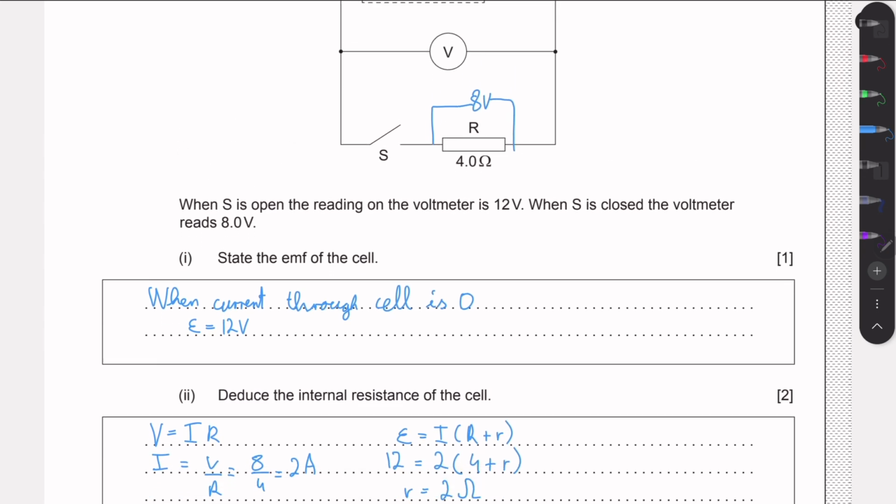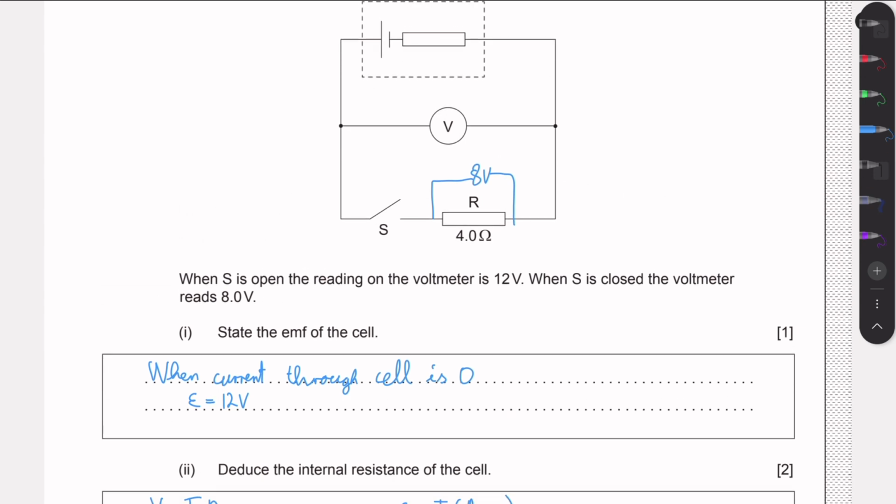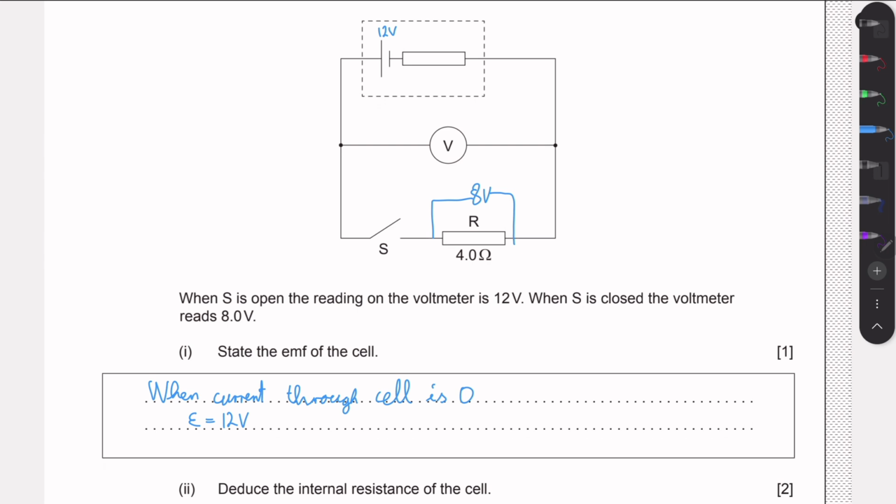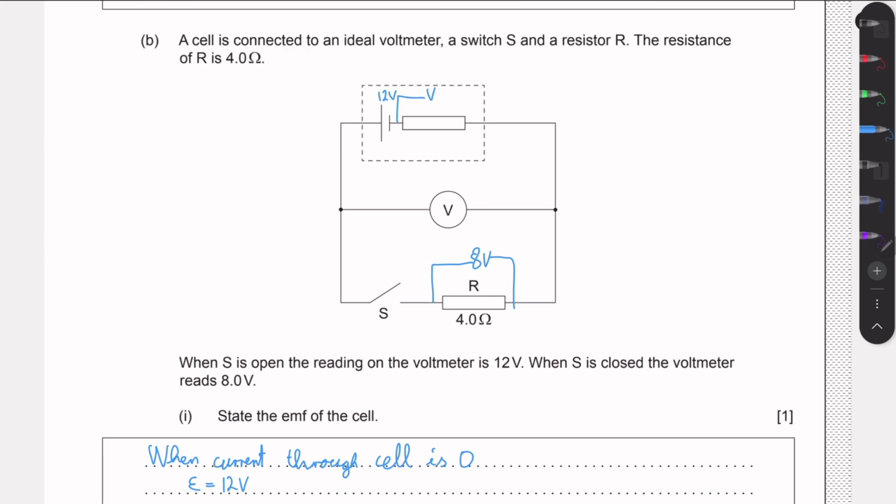So yes, this can also be thought of by the fact that the battery itself can supply 12 volts, but it has to supply some energy to push current through its own internal resistance. And well, if we have 8 volts being used up by the resistor, that means the remaining 4 volts will be used up by our internal resistance.